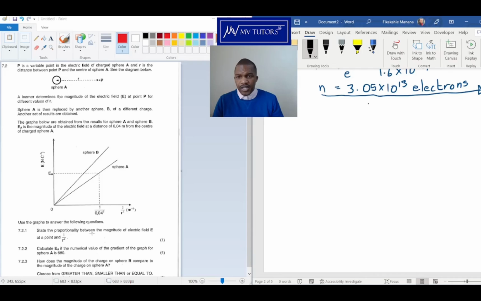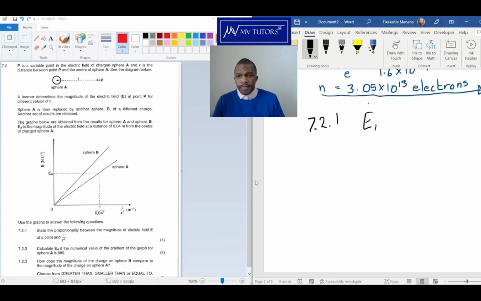State the proportionality between the magnitude of electric field E at a point and 1 over r squared. Okay, so this is question 7.2.1.